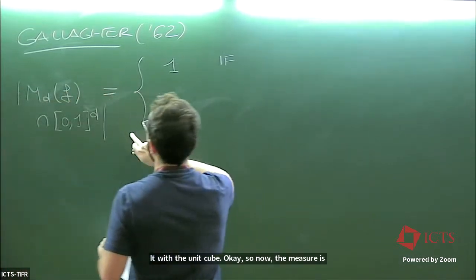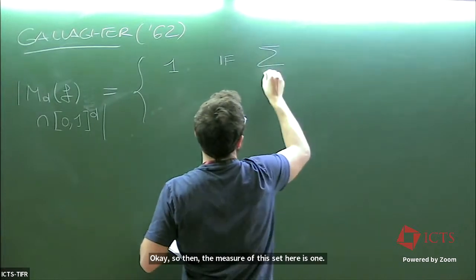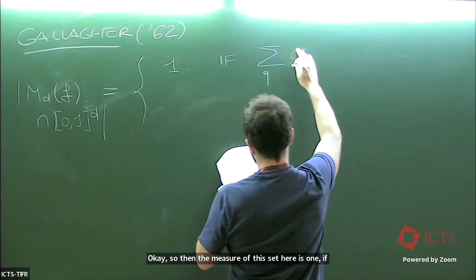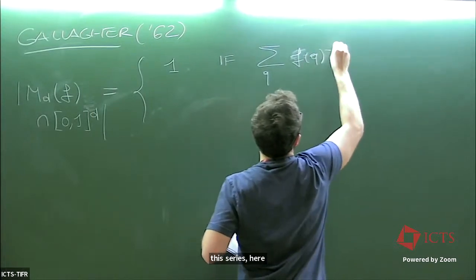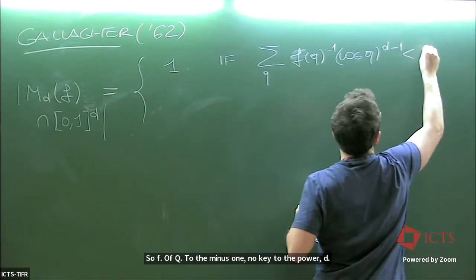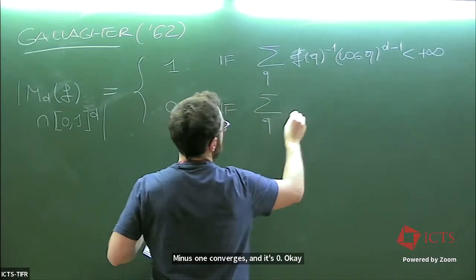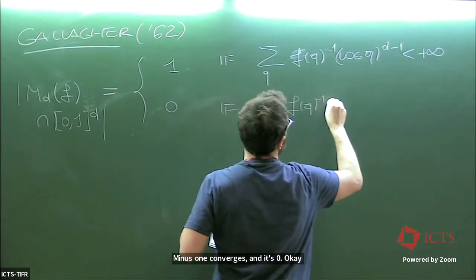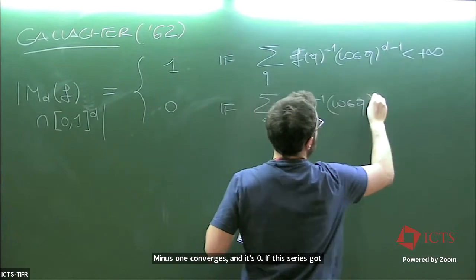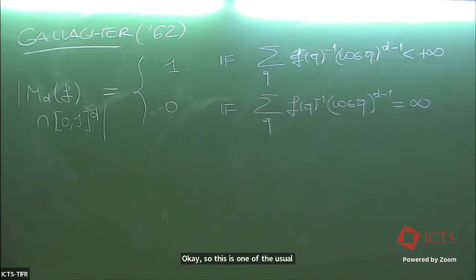The measure is 1 if this series, f(q)^-1 (log q)^(d-1), converges, and it's 0 if this series diverges. Okay, so this is one of the usual 0-1 results that are so common in Diophantine approximation.